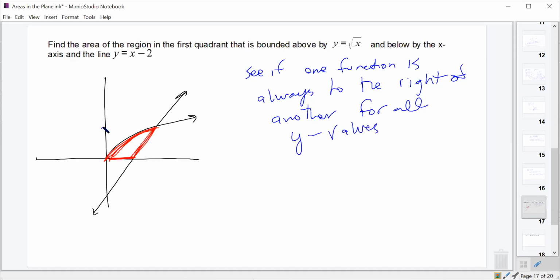So the y values in my region go from 0 to 2, right? We found that point yesterday to be 4, 2.